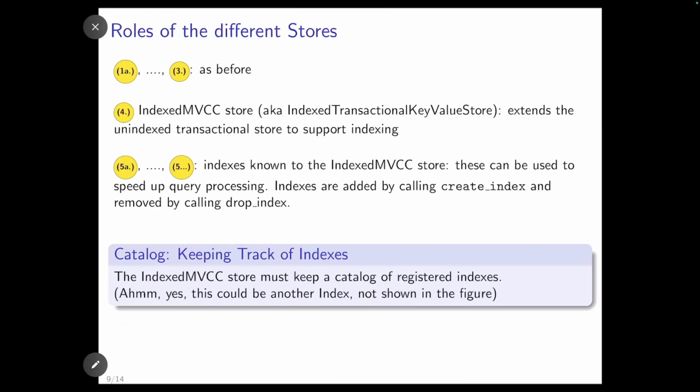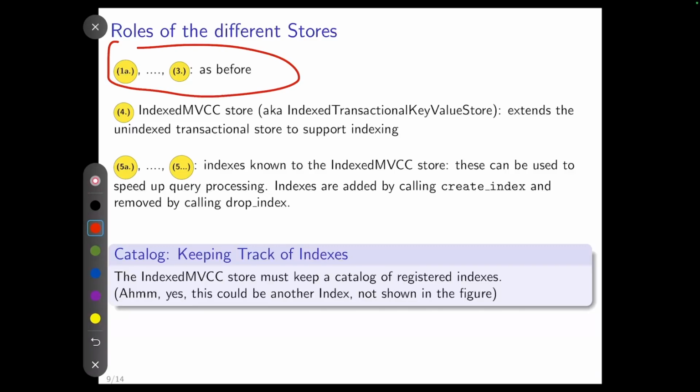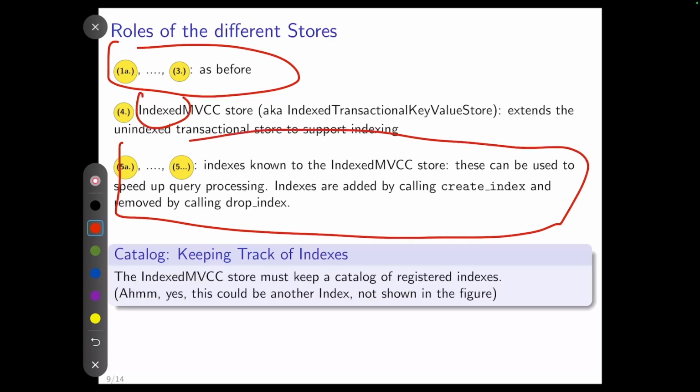So what that means is, the previous key value stores, aka indexes, are now as before on the other slide set. I'm extending the transactional key value store to have indexing support. And this indexed store may contain indexes inside that store.